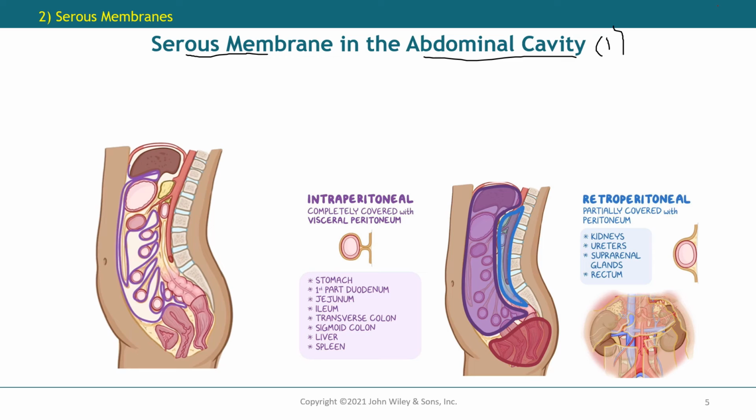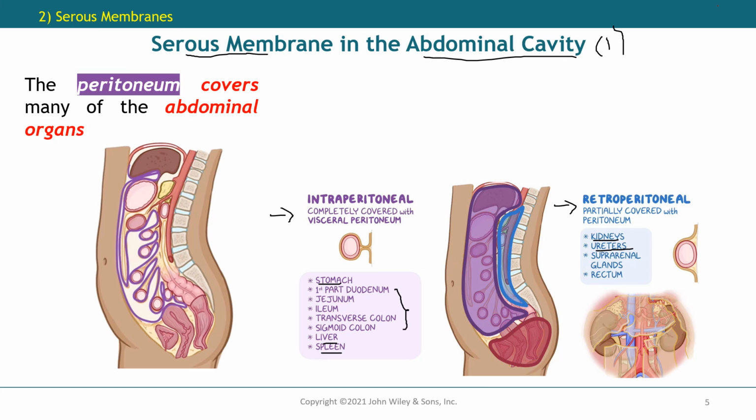This one is very interesting because while the other ones were covering only one organ, this one is covering several organs completely and several other organs partially. Completely, it covers organs like the stomach, the liver, the spleen, and different sections of the intestines. It also covers partially organs like the kidneys, ureters, and the suprarenal glands.